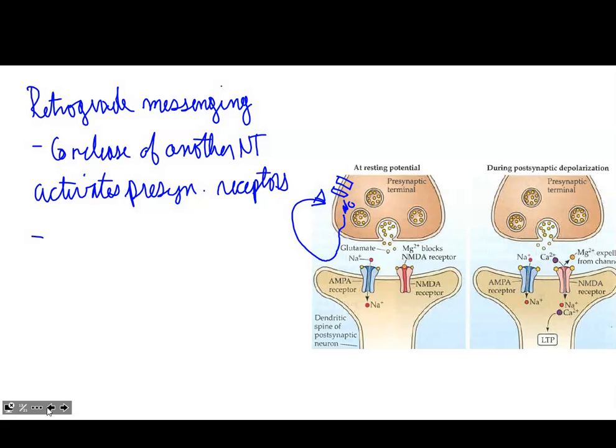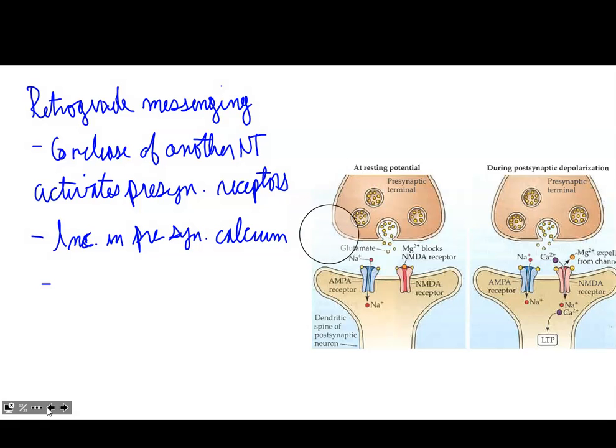These presynaptic receptors eventually lead to a transient rise in calcium. So this presynaptic calcium goes up. And having more presynaptic calcium around increases the amount of neurotransmitter released.